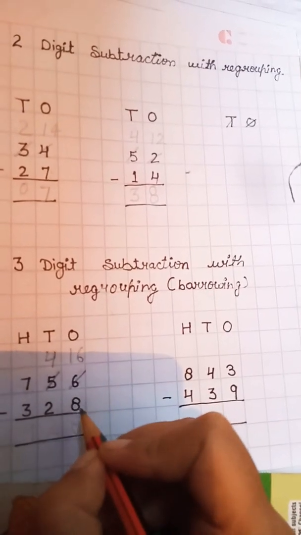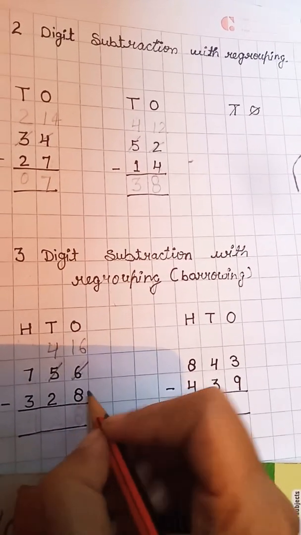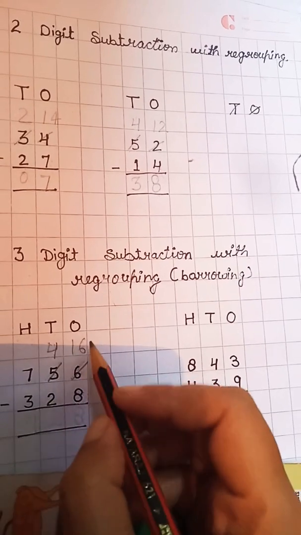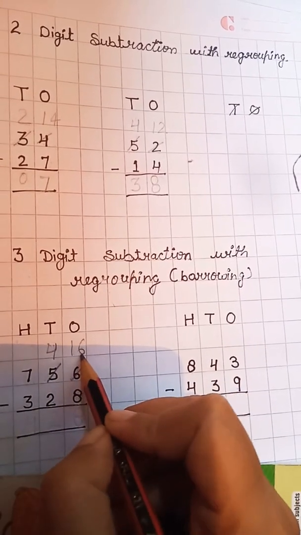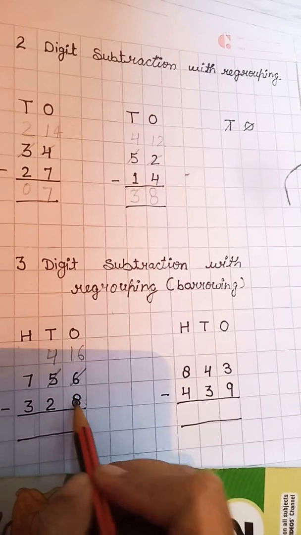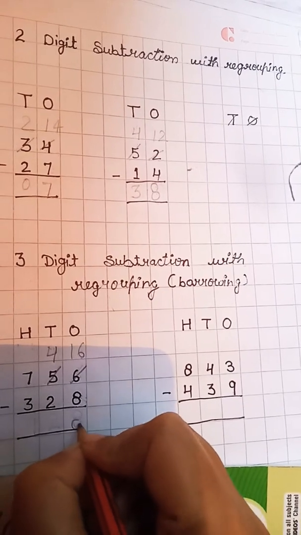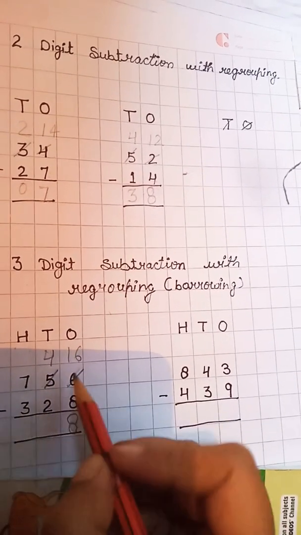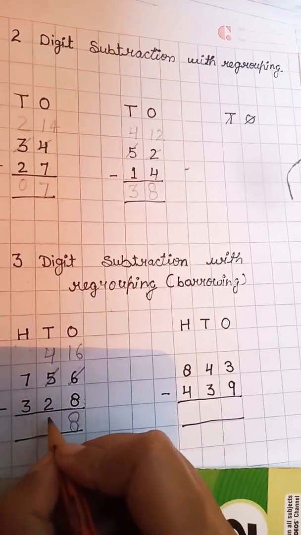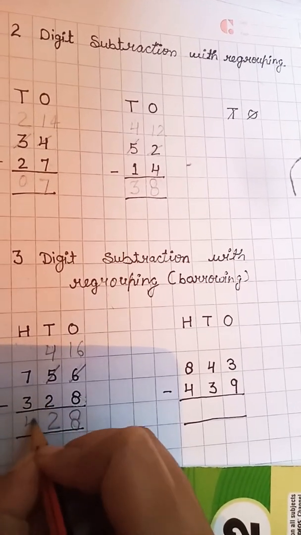So 8 ones from 16. So 16 minus 8 is equal to 8, and 4 minus 2 is equal to 2, and 7 minus 3 is equal to 4.